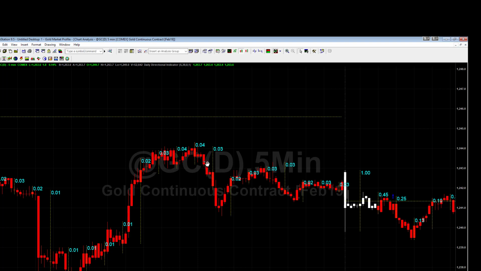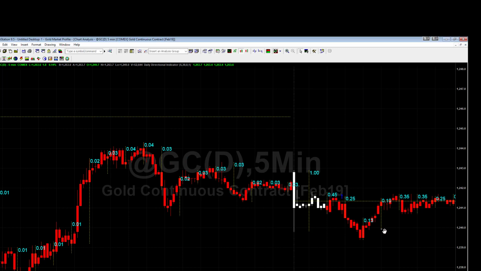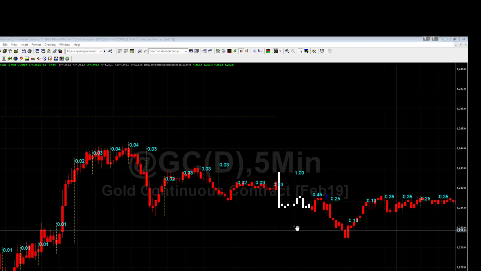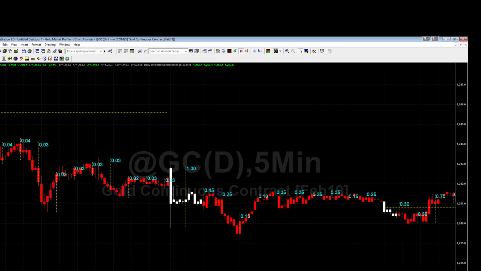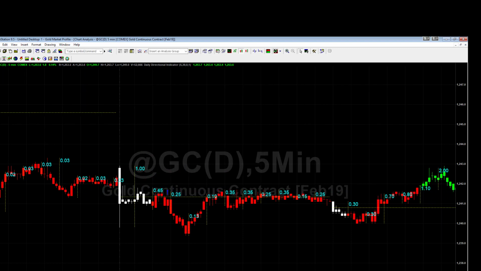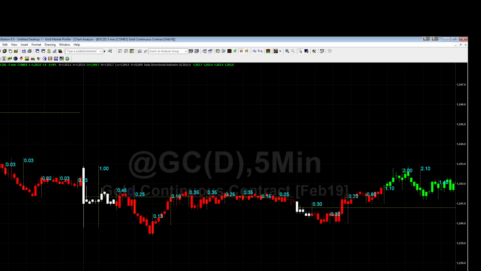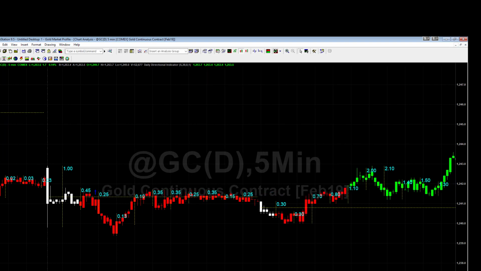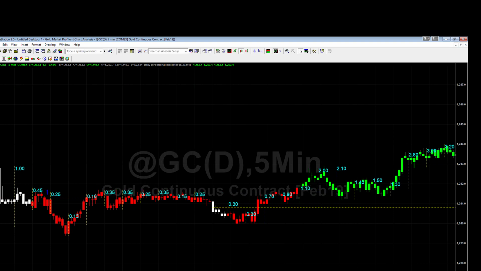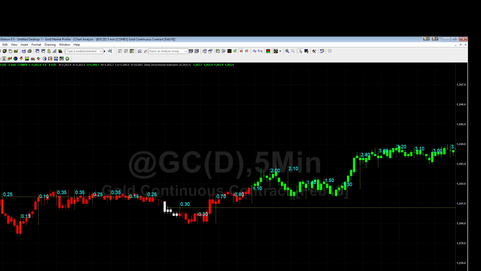So 30 minutes, it's recording a little bit faster. So here's where we break up over 2. We start to get bullish. We're bullish, bullish, bullish. 3 starts to really climb there.